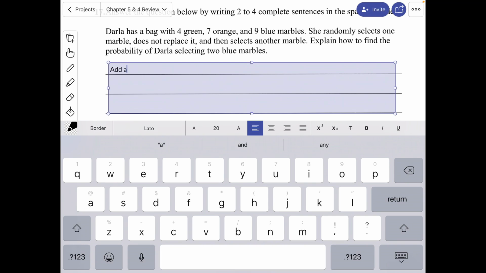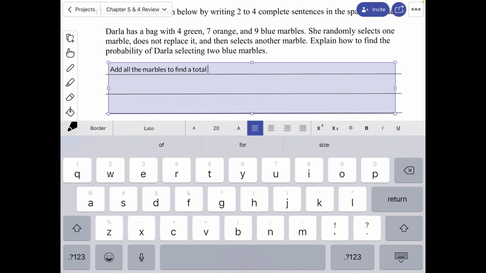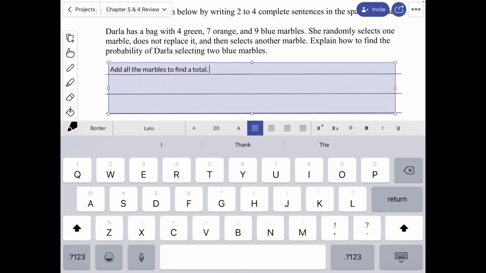Add all the marbles to find a total. The next thing we need to do is find how many blue marbles, and that will be the new numerator.